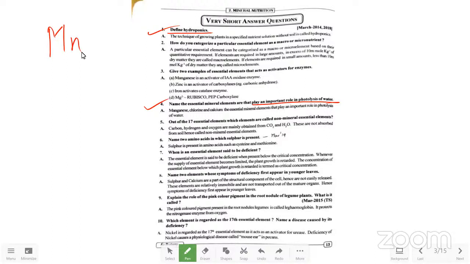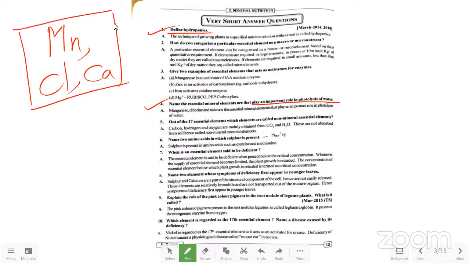No need to write the full form. These are the three elements which help in the photolysis of water molecules. That's it.